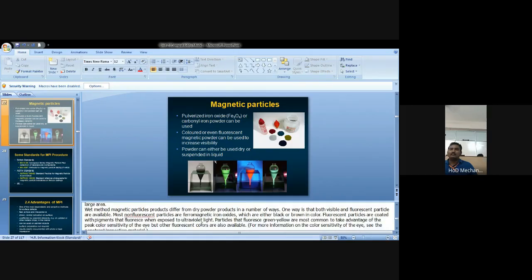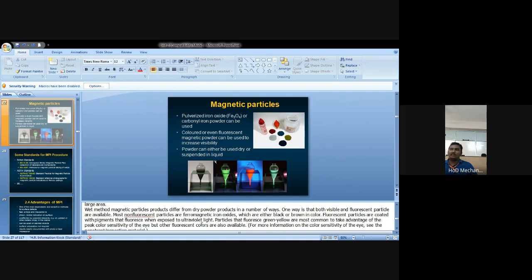The wet method magnetic particle products differ from the dry powder particles in a number of ways. One is that both visible and fluorescent particles are available. Most non-fluorescent particles are ferromagnetic iron oxide, which are either black or brown in color.